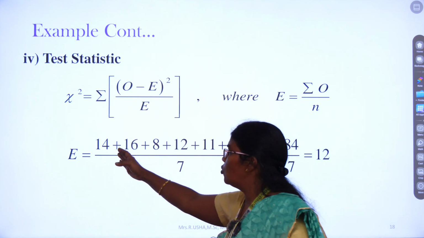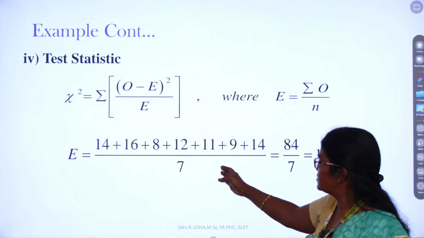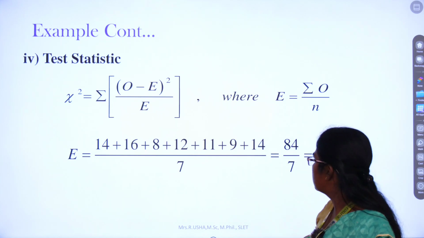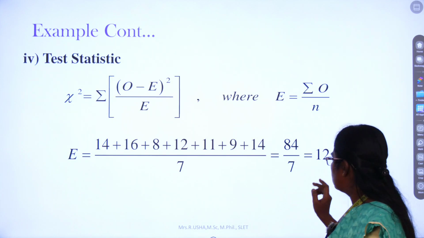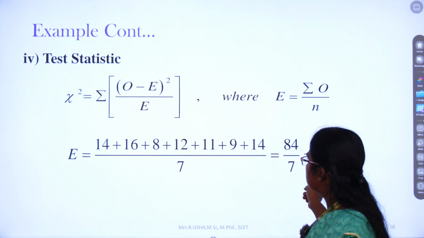So E equals (14 plus 16 plus 8 plus 12 plus 11 plus 9 plus 14) divided by 7, which is 84 by 7. We cancel, and it gives 12. So our expected value is 12.